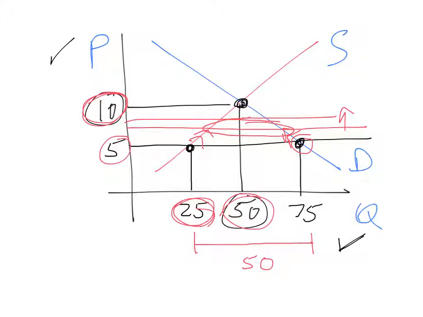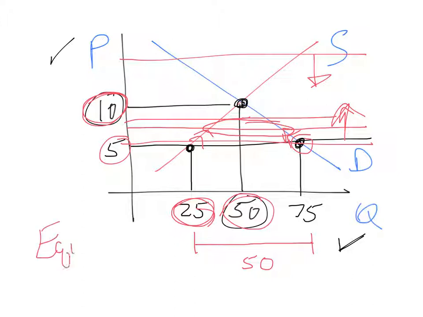So again, when we started up here, we had excess supply, the price went down. When we started down here, we had excess demand, price went up, and now we are left with the conclusion that if we let this market operate all by itself, we should end up at a price of 10 and a quantity of 50, which we refer to as the equilibrium.